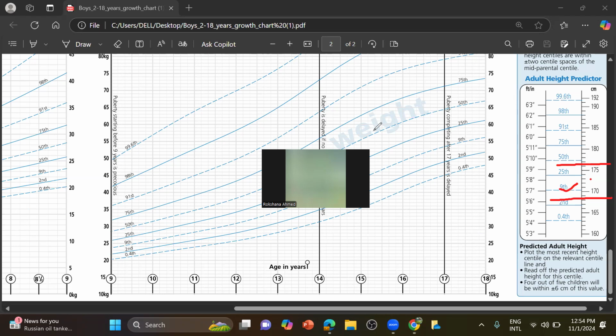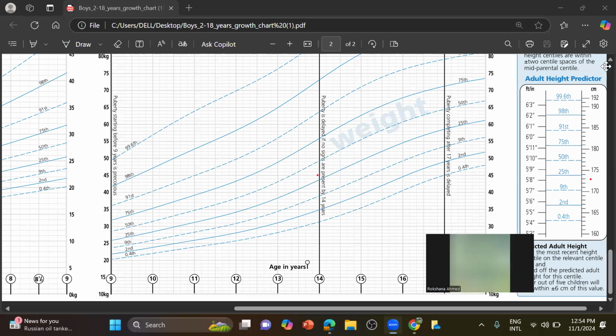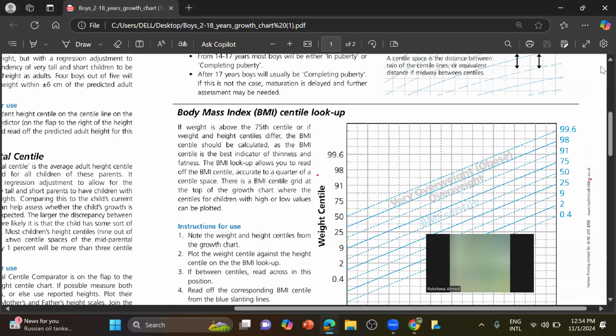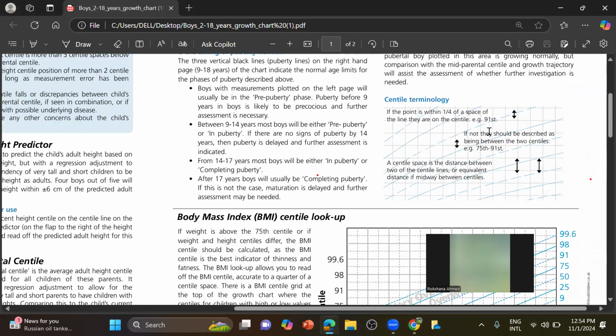And sometimes we find that our child is between two centile lines.